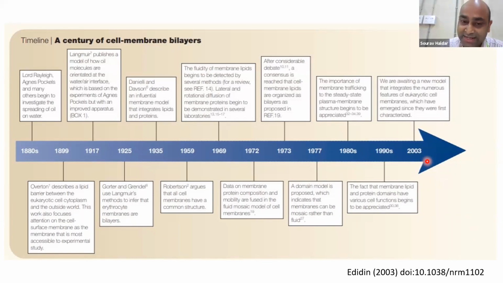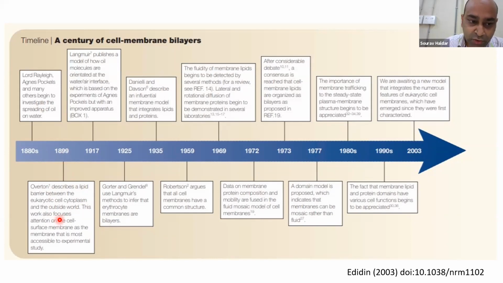I will come to that later, but let us look at some of the early discoveries that started from the 1880s, where Lord Rayleigh and Agnes Pockels, whom I spoke about in earlier slides, were observing the spreading of lipid on a water surface, something that we all have seen and experienced. That led to the characterization of how hydrophobic molecules can be spread on a water surface.